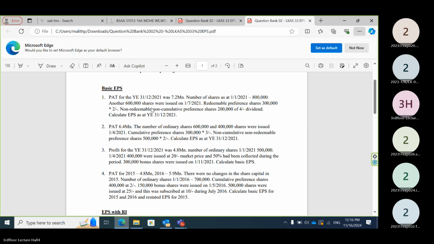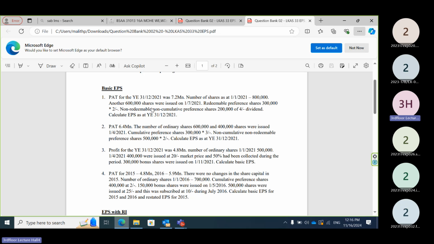Simple, right? For the period 2021, profit after tax is 7.2 million. Opening we have 800 shares. In between the opening date and year end, we have a share issue of 600 shares at the mid of the year.